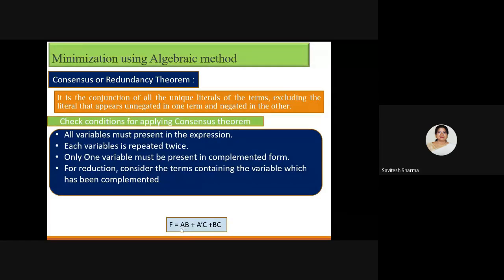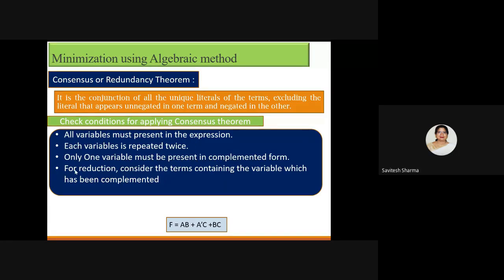See here, A is present here and A complement is present here. So these 3 things you will check in the expression: all variables must be present, each variable should repeat twice, and one of the variables must be in a complemented form.